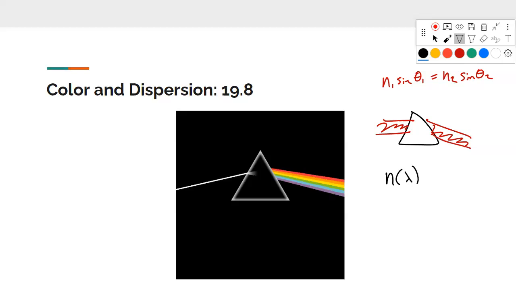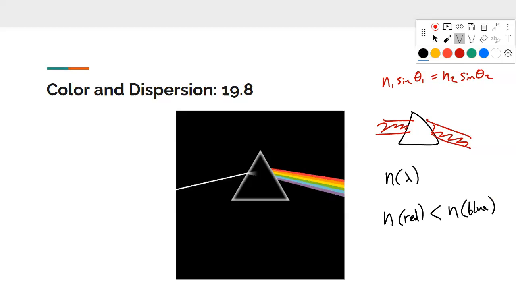Some colors will really slow down, whereas other colors won't slow down quite so much. And so we can see in this picture that the red light isn't bent very much. So we can see that the index of refraction for red is less than the index of refraction for blue.